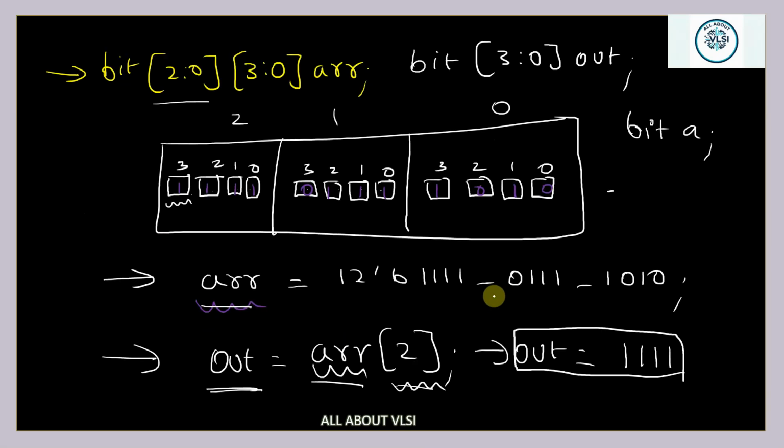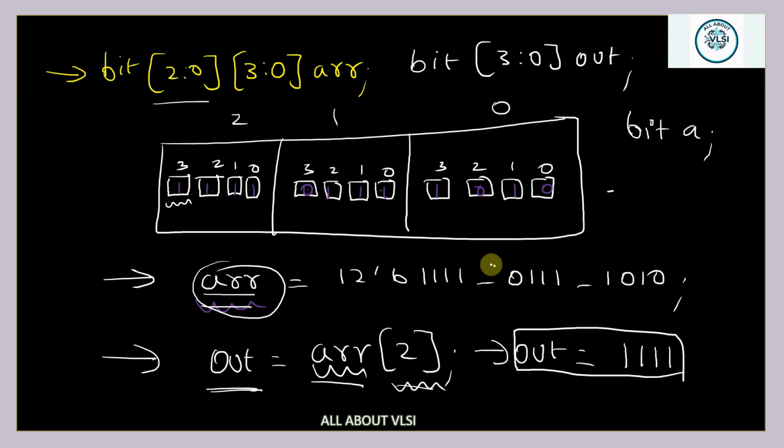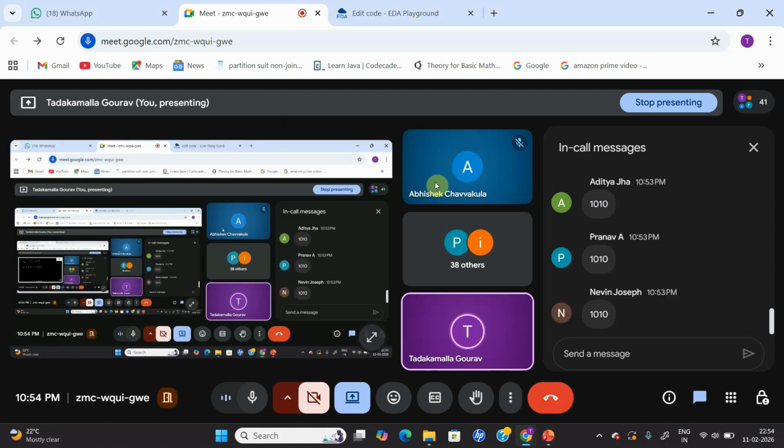You can simply declare a 2D packed array and directly assign a 12-bit value to it, which is allowed. You can also fetch data out of the 2D packed array by mentioning the section or by referring to exactly that particular bit. So this was about your 2D packed arrays. Now coming to the last one, which is our 3D packed arrays.